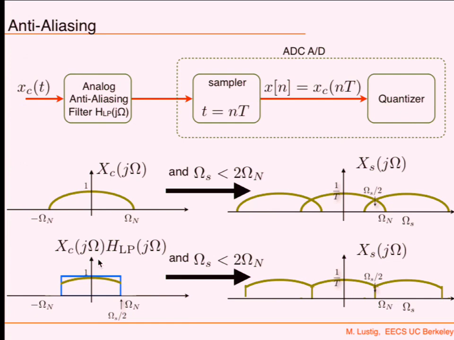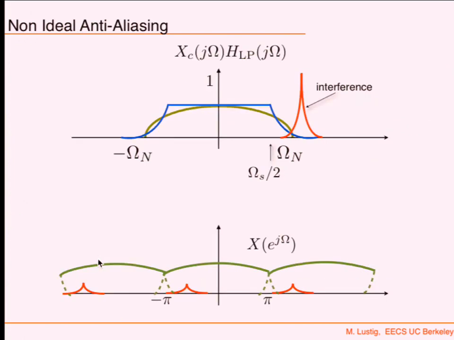But how well do analog filters work? It's hard to create an ideal analog low-pass filter. When you have a signal with its spectrum, you might have something that interferes close by, and I want to digitize that spectrum. I'm going to run it through this analog low-pass filter, which is not going to be ideal.